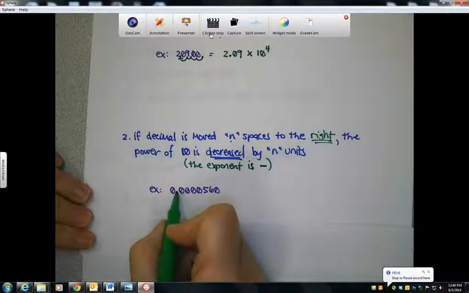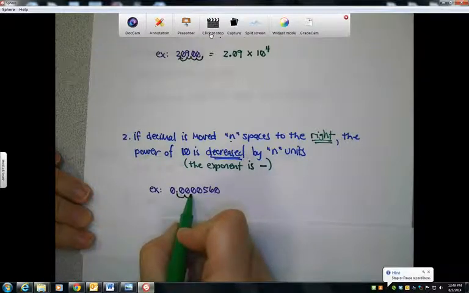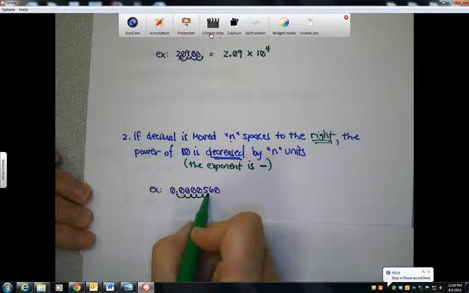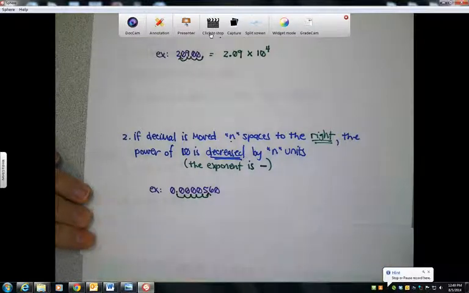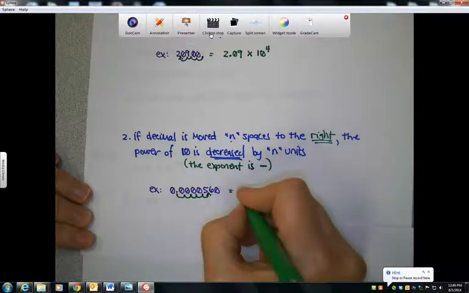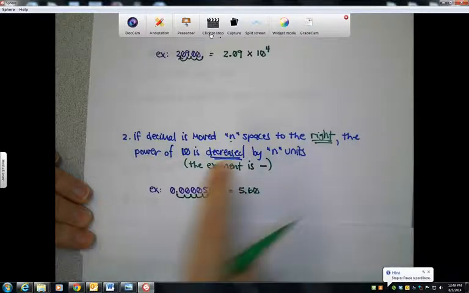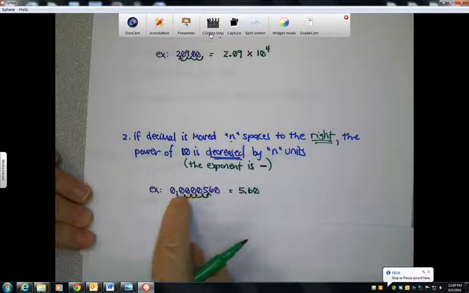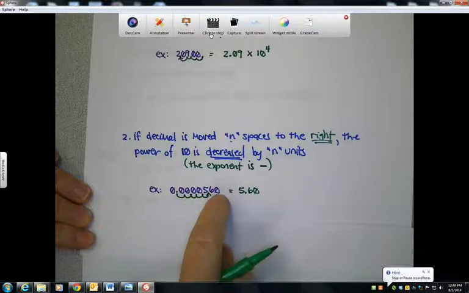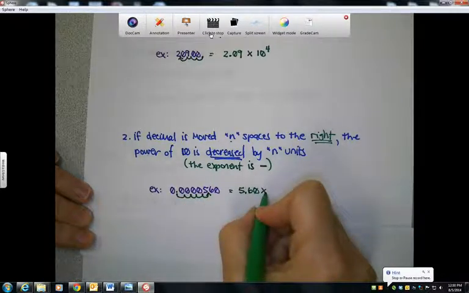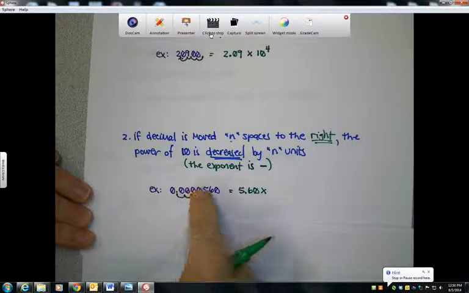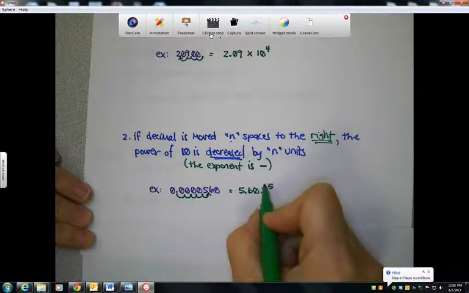We're going to move this decimal 1, 2, 3, 4, 5 places to the right. That means our number becomes 5.60. Notice I dropped those zeros off because my decimal moved past them, but I kept that zero. We moved it 1, 2, 3, 4, 5 spaces, and we make that a negative 5.